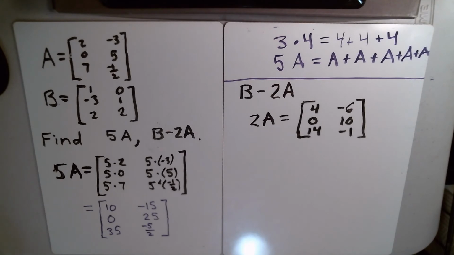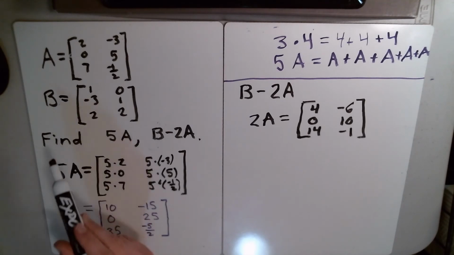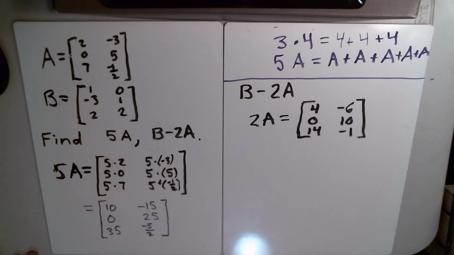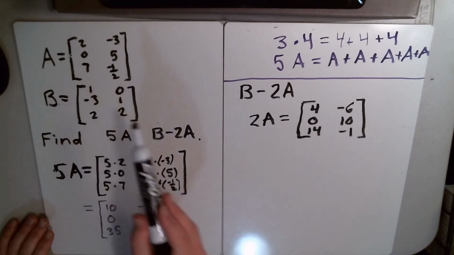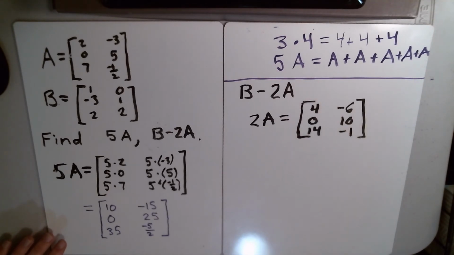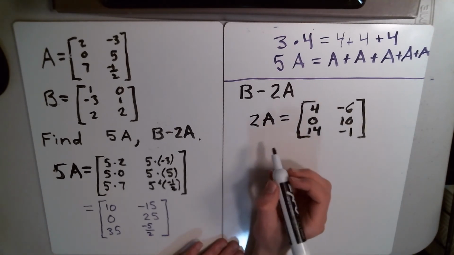Now we will do B minus 2A. B is this matrix right here. I'm going to take the entries of B and subtract the entries of 2A from them.